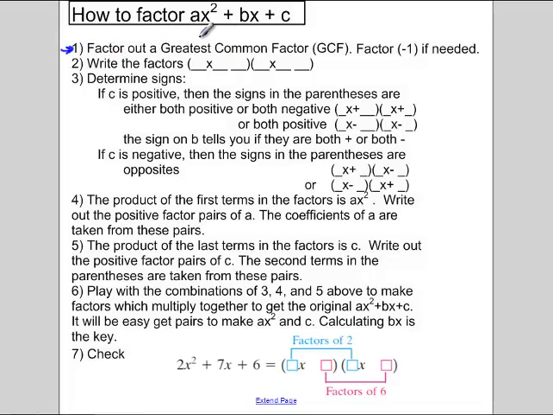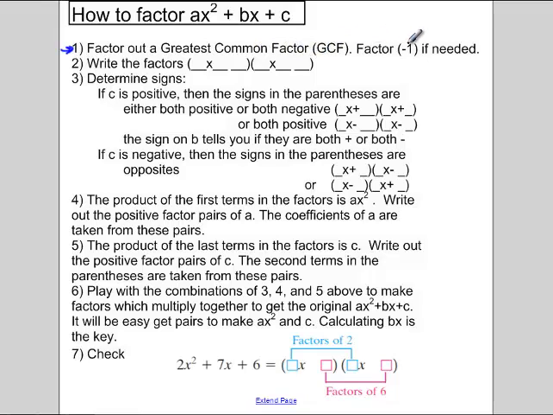Number one, factor out a greatest common factor. If there's anything common between ax squared and bx and c, it's most likely a number common between a, b, and c. But it could be something of the form ax cubed plus bx squared plus c times x, where we'd have to factor out an x, and that would be our greatest common factor. So that could be a possibility. In other words, we always have to factor out a greatest common factor if there is one.